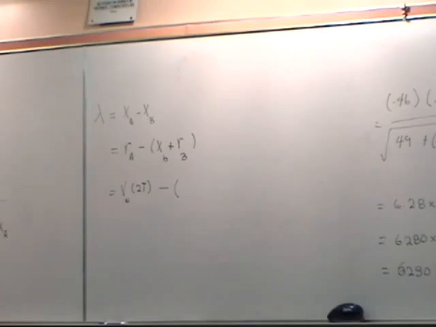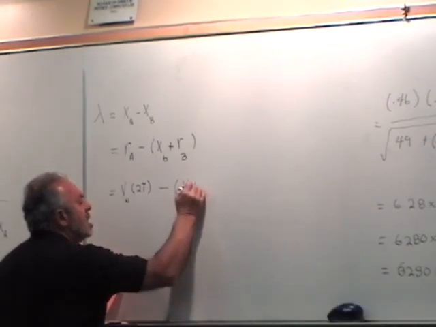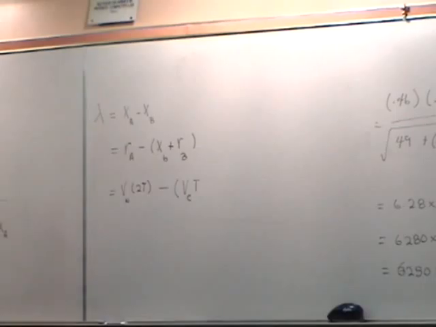Now subtract from that X sub B, that's this distance right there, which he puts down as V sub E T. Now what do you suppose V sub E represents? Velocity of the entertainer. That's the speed with which he's moving. And T, of course, is 1 time period, because it only takes him 1 period to get from position A to position B. That's what we're defining as those 2 positions.